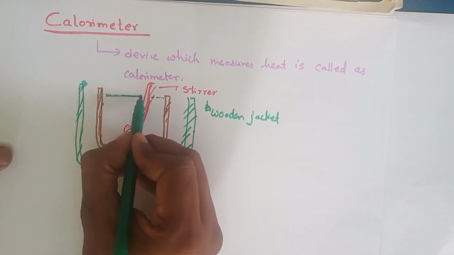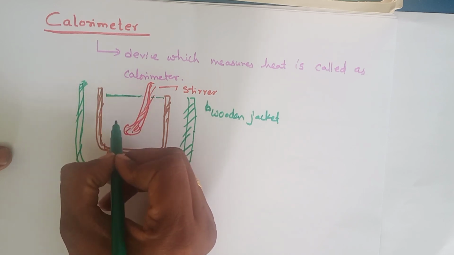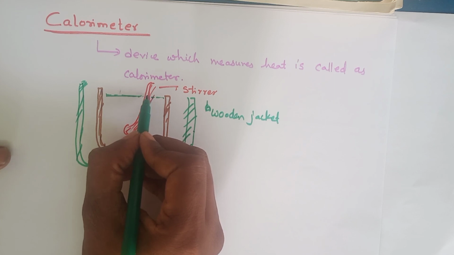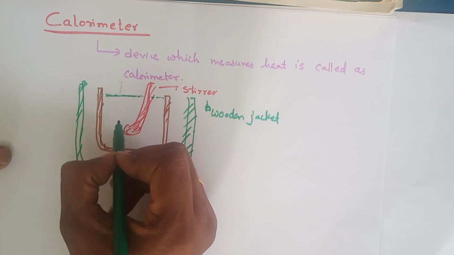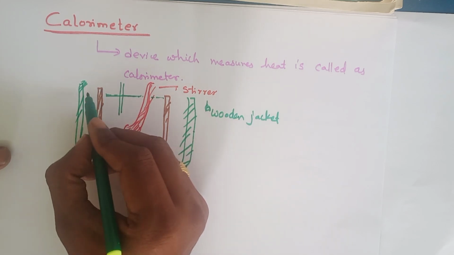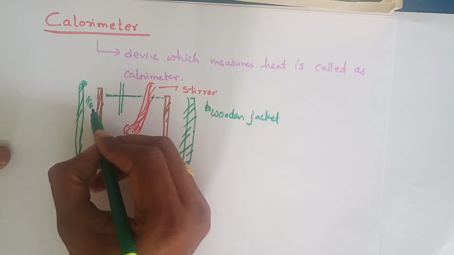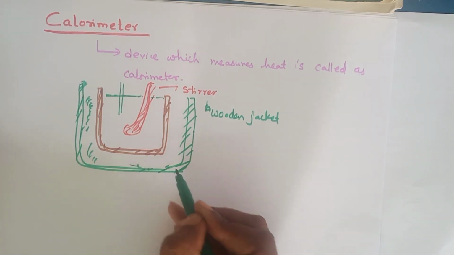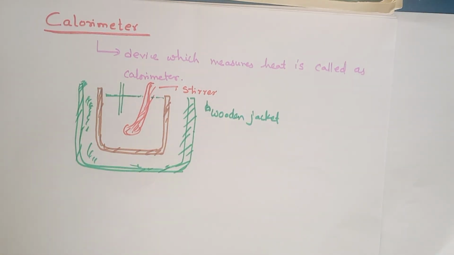There is a simple opening in the jacket for the thermometer as well as the stirrer, and there is an arrangement of a mercury thermometer, right? And cotton, glass wool or thermocol can be filled in, which are used as bad conductors of heat, so that heat cannot escape, right?